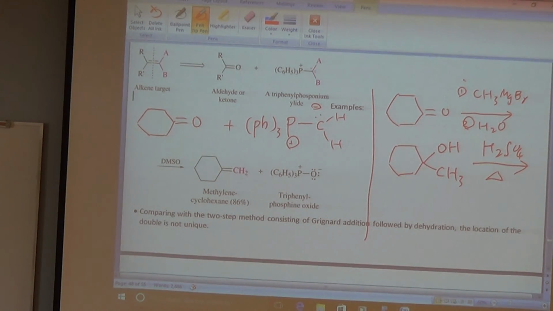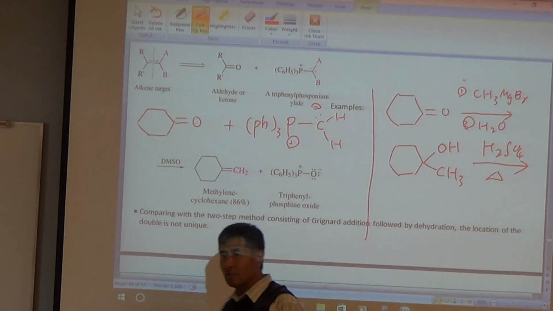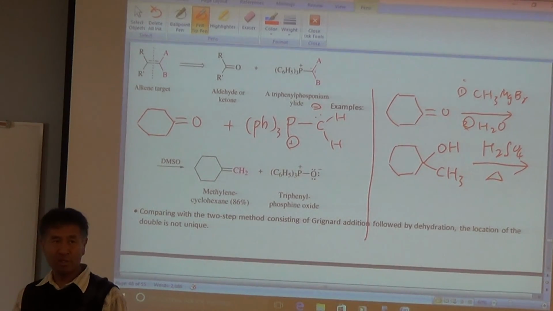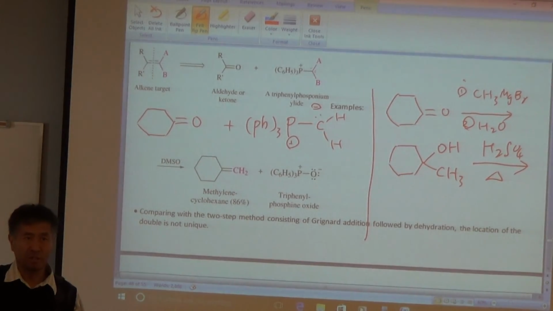So what happens if you have alcohol and you add acid and you add heat? Alcohol with acid and heat will undergo a reaction.